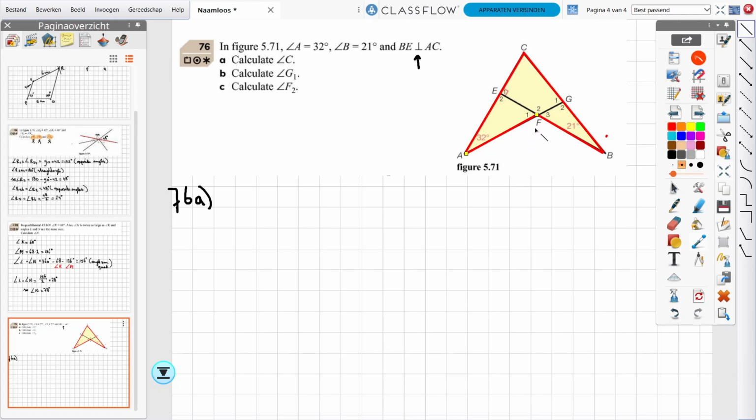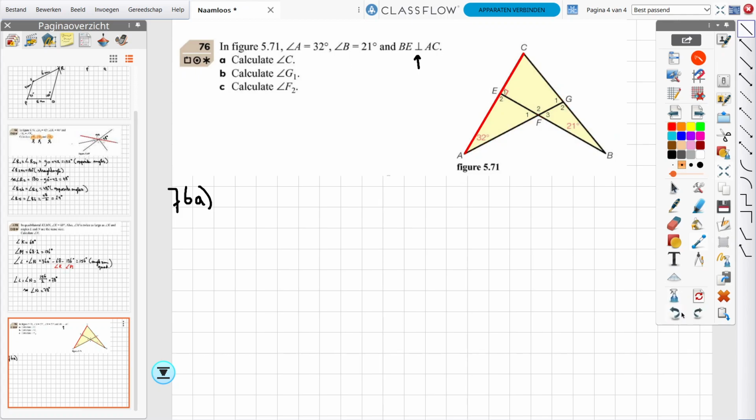This is a weird quadrilateral here, with F being the fourth vertex. So then you have to use the angle sum of quadrilateral, but that's very difficult right now because I don't know angle F1 or F2 or F3, let alone F1, 2, 3. So this is not something you should or can do.